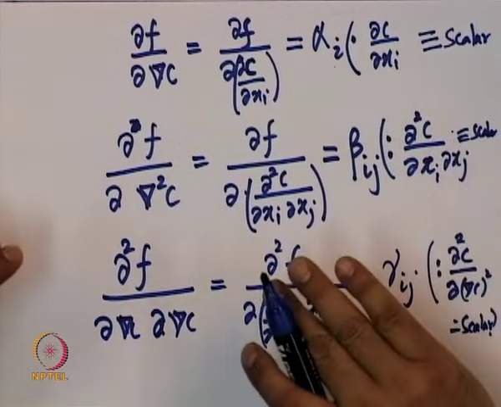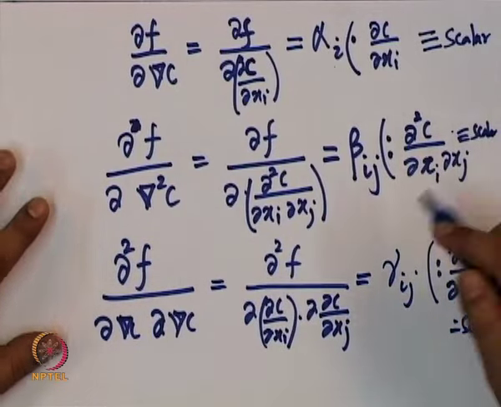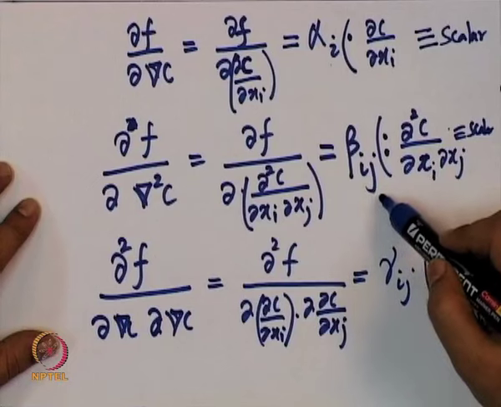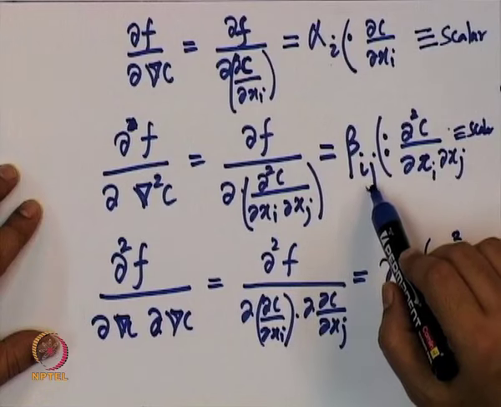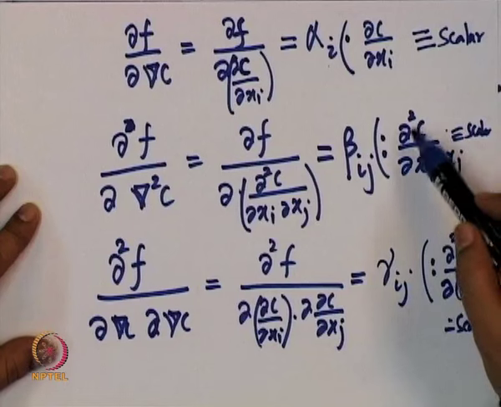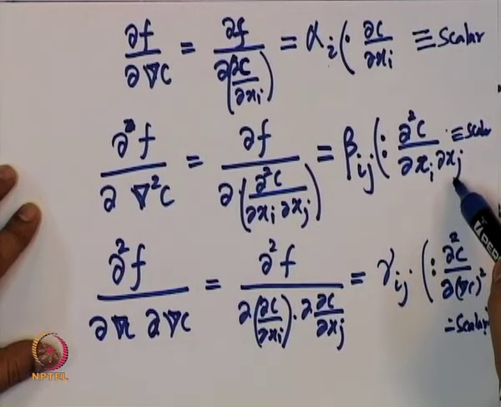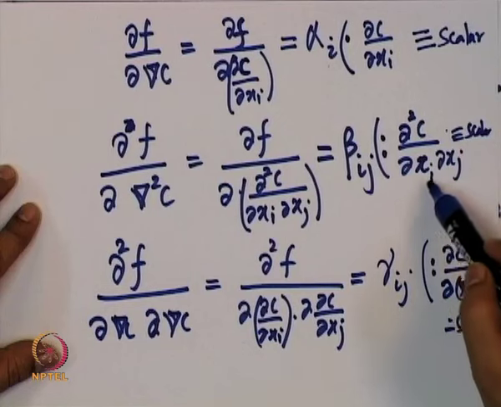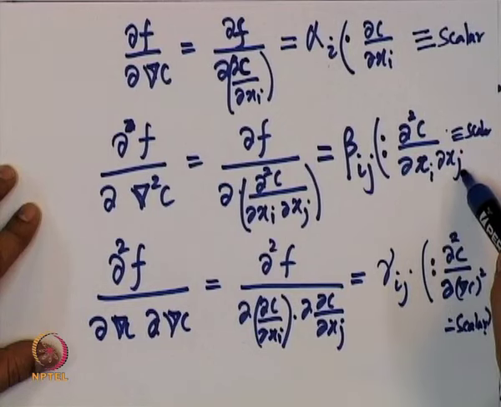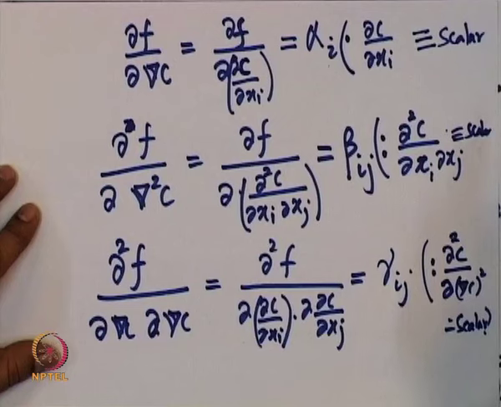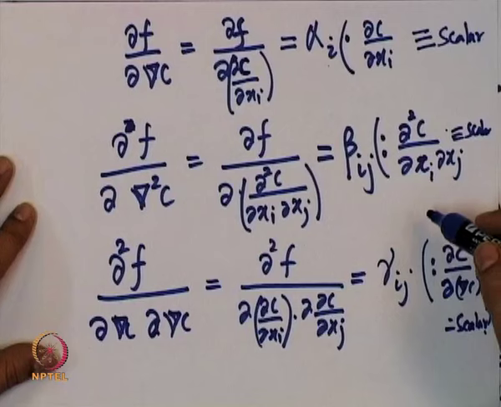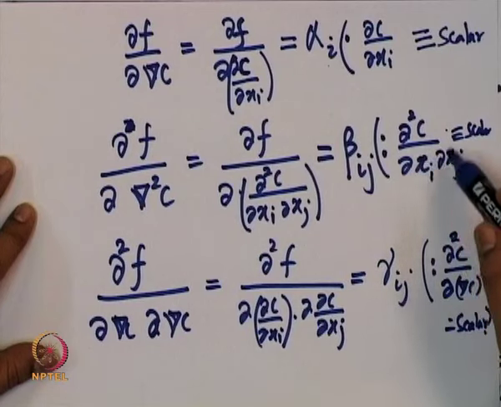Okay. So, the underlying symmetry, for example this quantity, you can already see has an intrinsic symmetry. It does not matter whether you call it ij or ji. That is because when you take the derivative of composition with respect to xi, xj, that is the same as del squared C by dou xj dou xi, provided the composition field has certain continuity properties, which we will assume, because composition is a continuous field which is varying for all times and all positions, and so it is smooth enough that you can take so many of these derivatives.